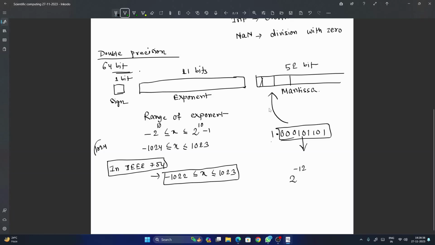Your number is 0.000000 and then 1010101. Whenever you make it a normalized form, it will give you 1.010101 into, counting 1 2 3 4 5 6, so after the 6th place, 2 to the power minus 6.